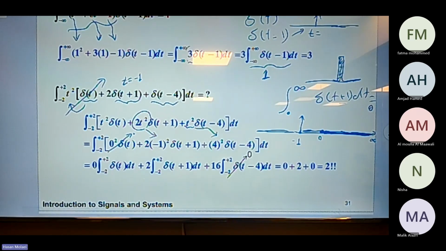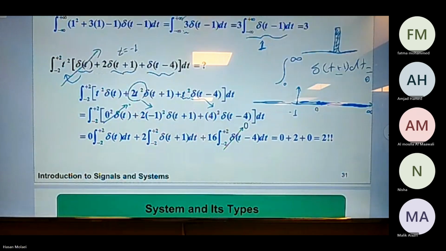The first one is 0, and the second one, this one, occurs at minus 1. I'm taking the integral from minus 2 to 2, which means delta is inside the area. So this is 1. How about this one?